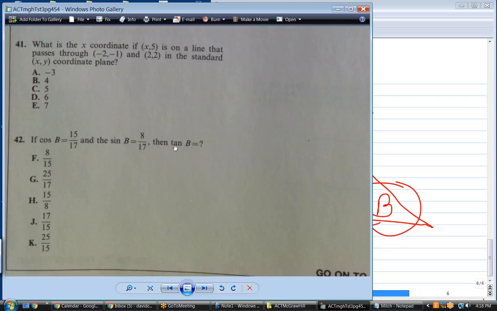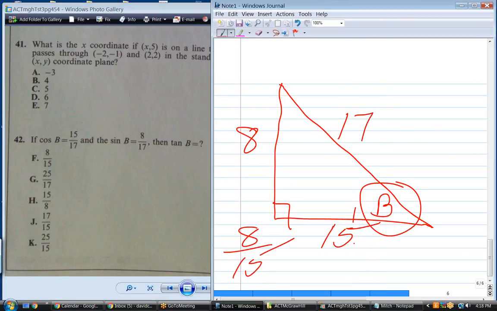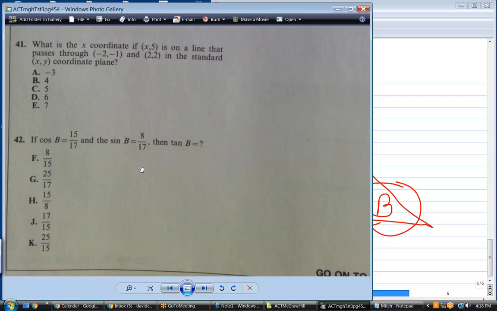And then they ask for the tangent of B. That requires you to draw the triangle with only 2 dimensions, use the Pythagorean theorem to solve for the third dimension, and then put a plus or minus sign based on which quadrant it's in. But in a way they told you that here because they gave you a positive cosine and a positive sine. That's only one quadrant. The first quadrant is the only way that they're both positive.